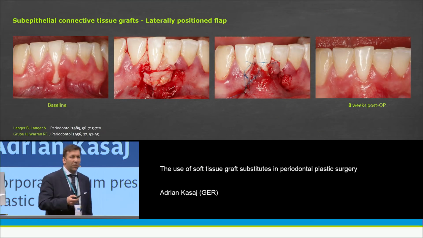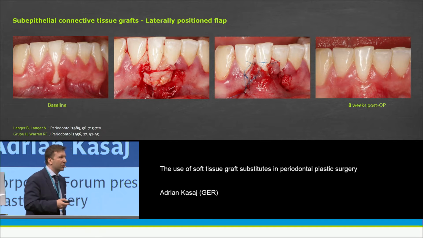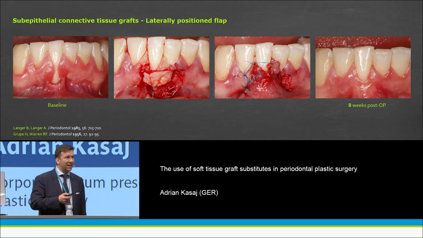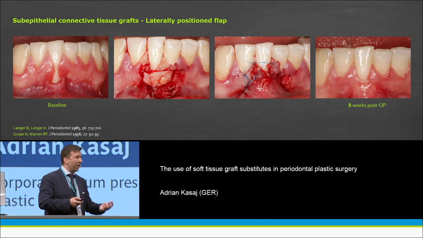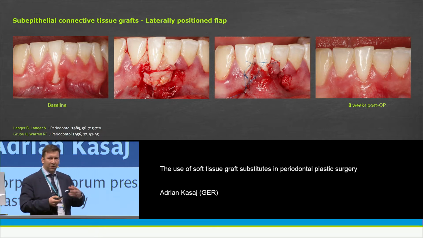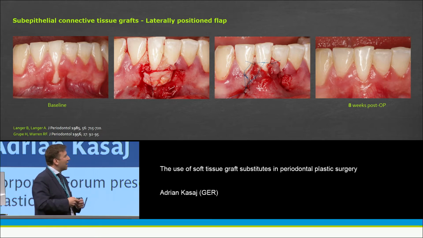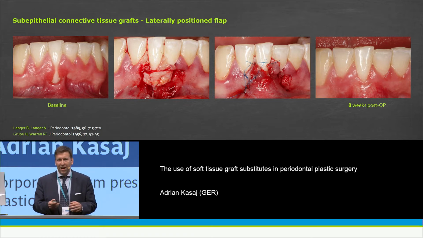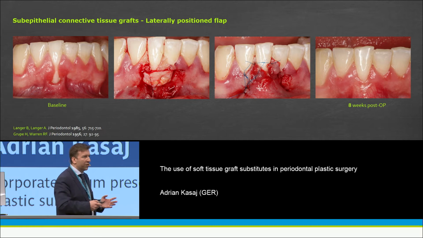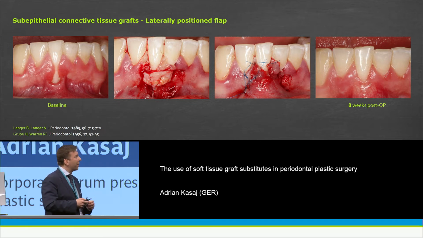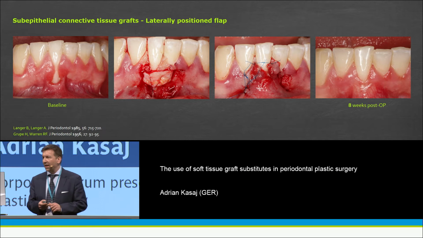So the next step was the introduction of the connective tissue graft in the mid 80s, combined with the pedicle flap, and here we have the big advantage of the double supply regarding the vascularization. You have the vascularization from the periodontal and the supraperiosteal plexus and from the inner side of the flap. You can see here the combination of the connective tissue graft with a laterally moved and coronally advanced flap, and you see the outcome 8 weeks post-operative.